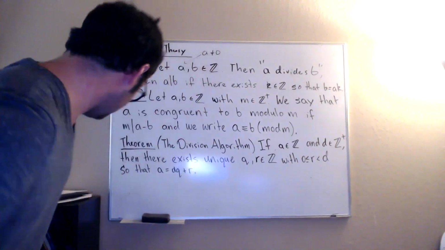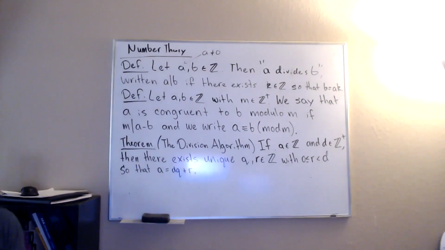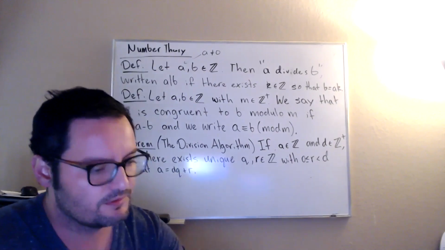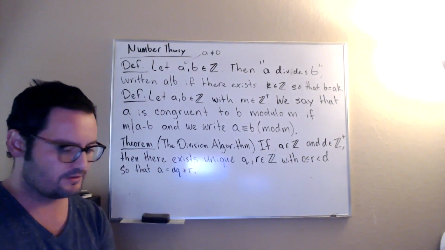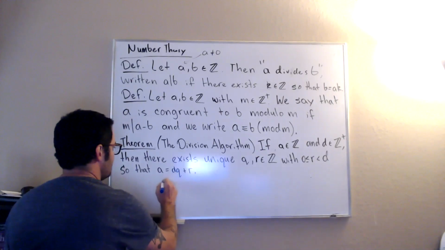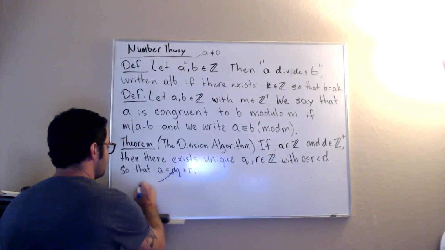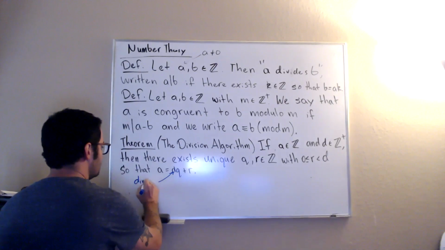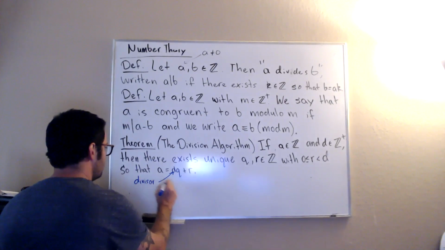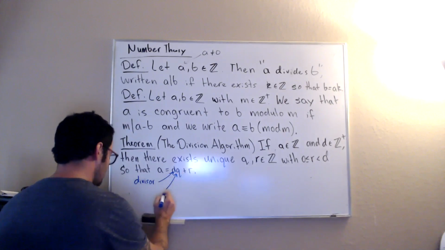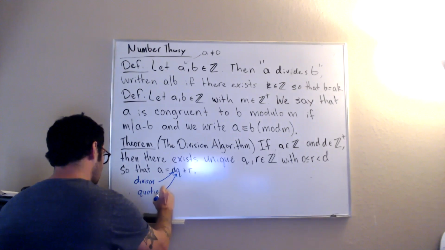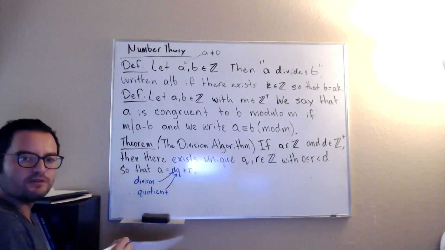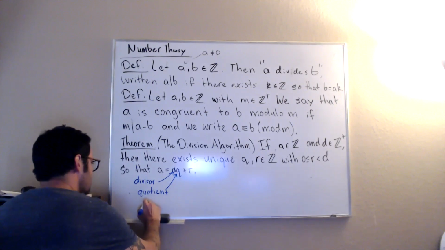And all of you are probably familiar with this statement. So here, D is called a divisor. Q is called a quotient. And there's special notation for the quotient.